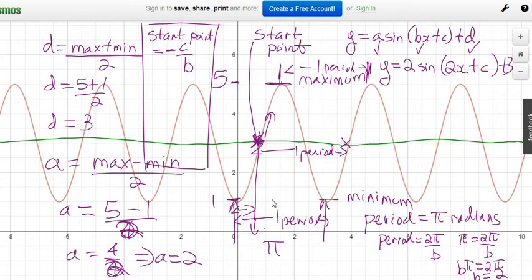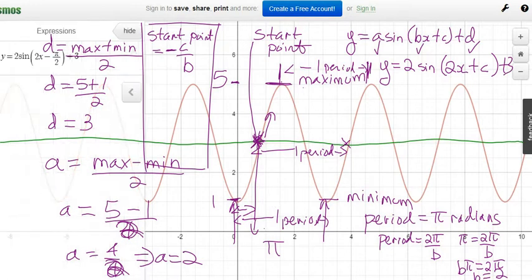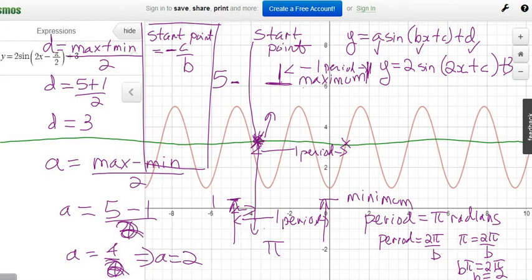So 2 sine 2x, so let's take a look at it. So there's the equation. 2 sine 2x minus pi over 2 plus 3. Right? So we were able to figure out a, b, and d given all of the information that we had. So this is what we're looking for, right? We're looking for maxes and mins. So this is given the graph, right?